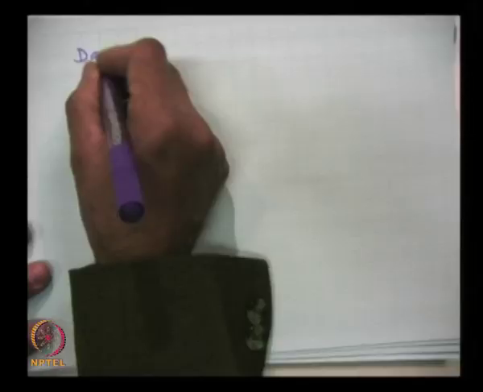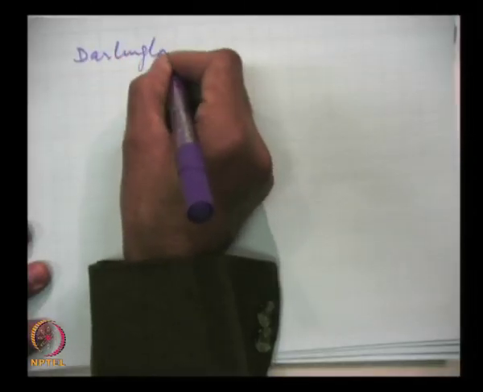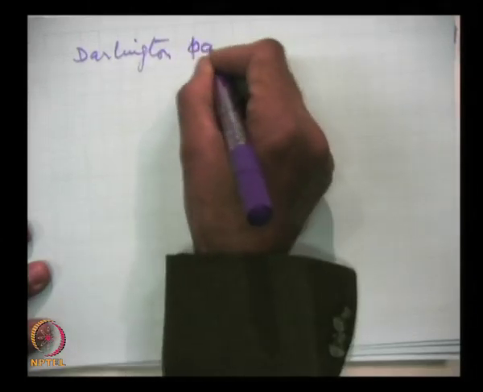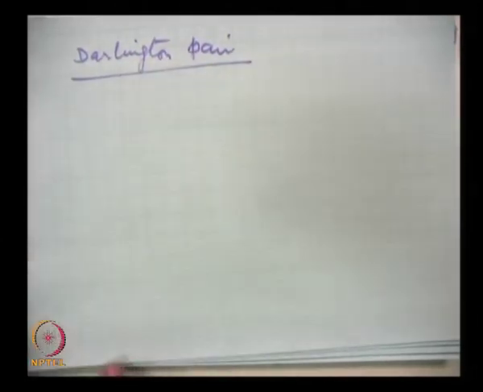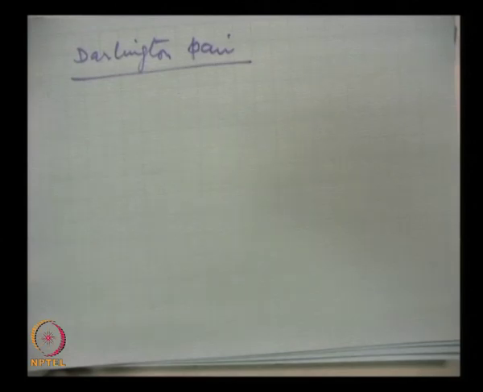Now, one of the very popular direct coupled multi-stage circuits is what is known as the Darlington pair. Darlington pair is a two stage amplifier where two transistors are actually directly coupled. The circuit is this.